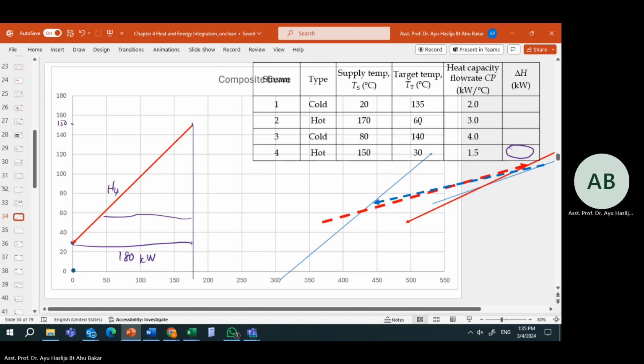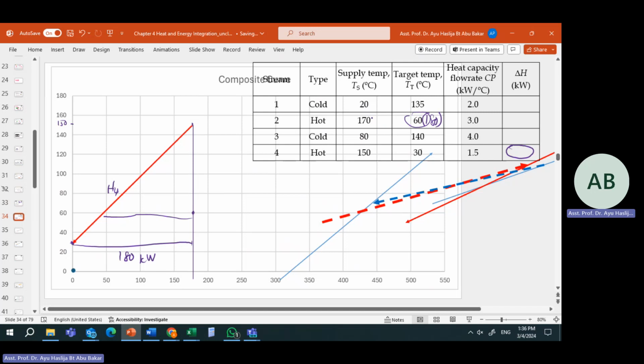T target 60. The x-axis for 60 is 180, correct. So 60 for the hot stream, the x-axis would be 180. Starting from here. So 60 should be over here.